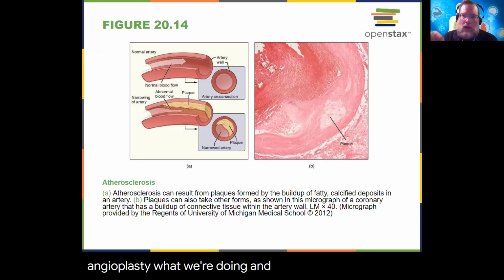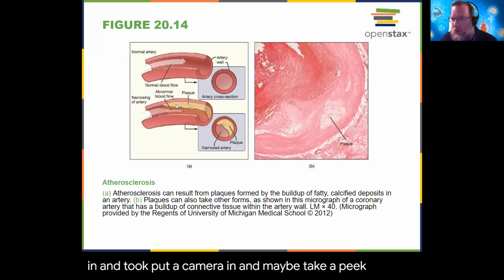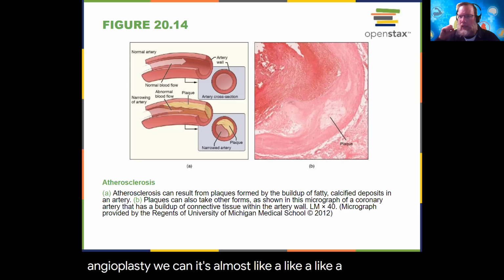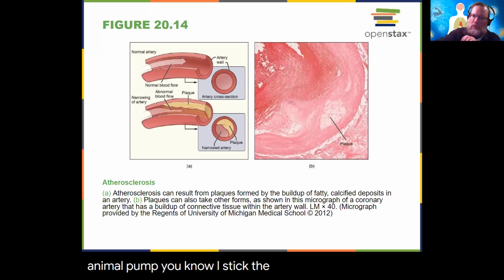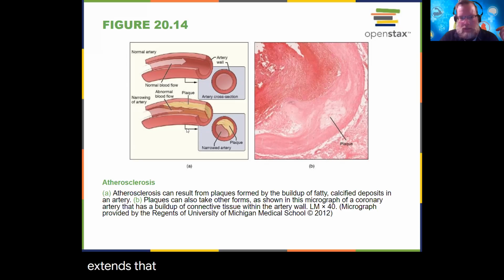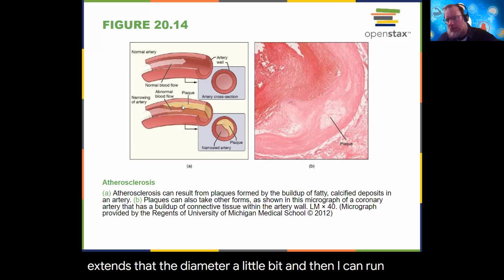We do an angiogram where we can go in and put a camera in and maybe take a peek. How occluded are we? How blocked is it? From there, if it's bad, we can do an angioplasty. It's almost like a balloon animal pump. They stick the balloon in and then you start pumping, boop, boop, boop, and the balloon fills up and extends the diameter a little bit, and then I can run a stent in there.